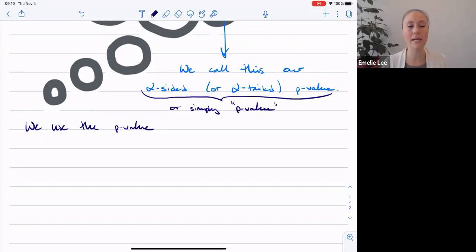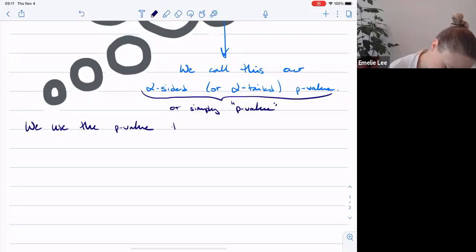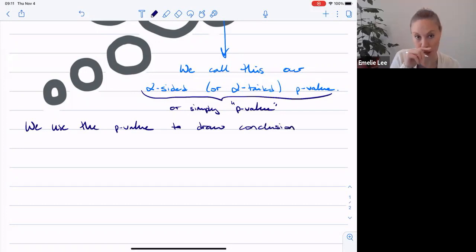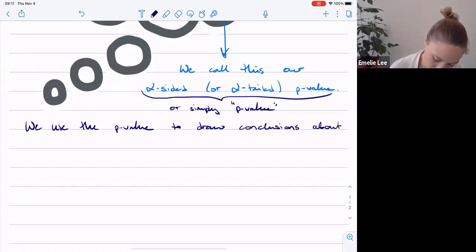It is technically the two-sided p-value, but at this point we can just call it the p-value. It's a p-value because it's a probability. It's the probability of seeing something as extreme or more extreme. And so we use the p-value to draw conclusions about our hypothesis.